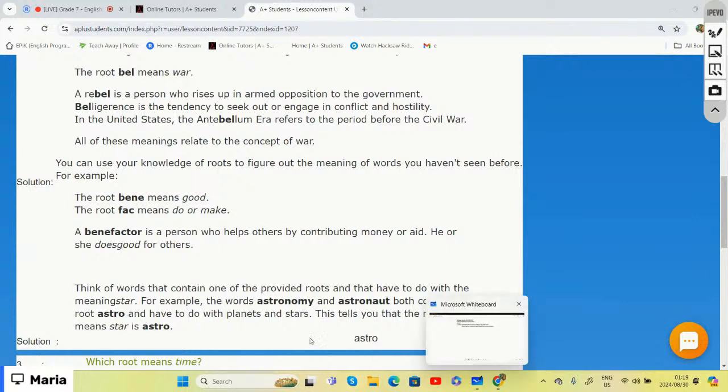Words like astronomy and astronaut both contain the root astro, and the root astro means star.